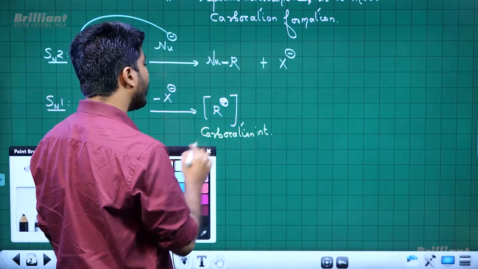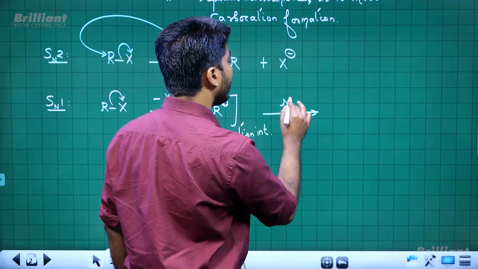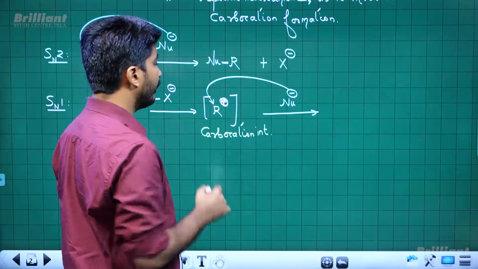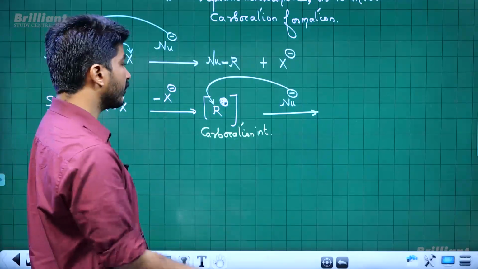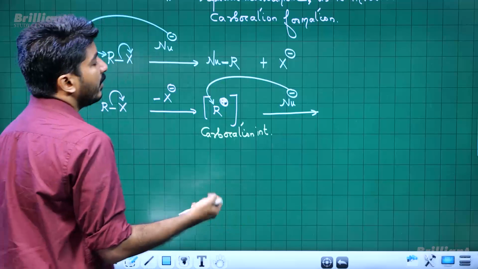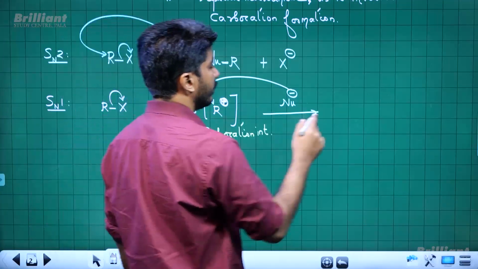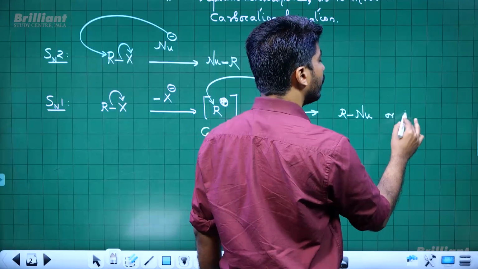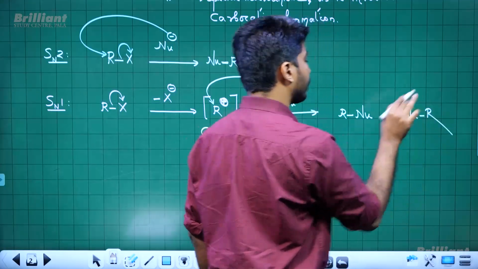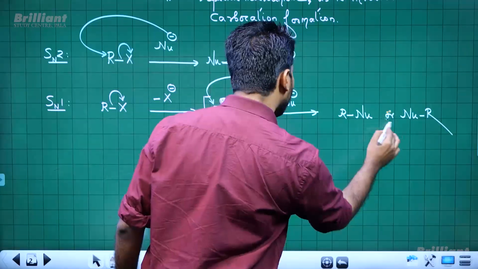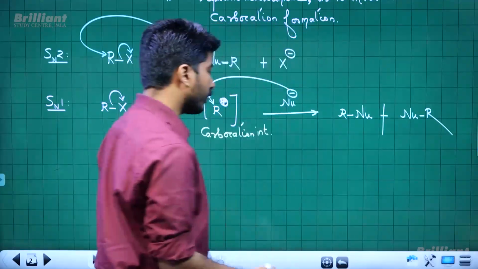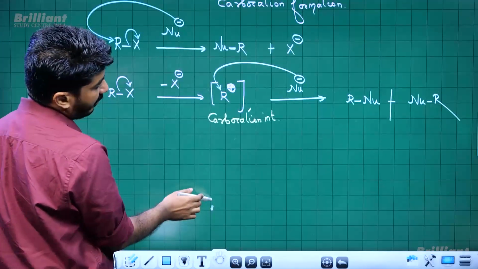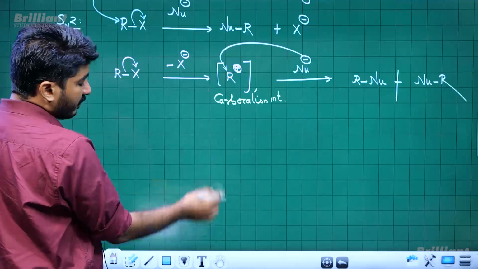After that, the nucleophile attacks. So there is a timing difference for the two steps. First, the halogen leaves. Then after a few milliseconds, the nucleophile attacks. We get products. It could be R-Nu or Nu-R, or a mixture of both products can form because the carbocation is achiral. It is planar. Okay, so that is the mechanism.